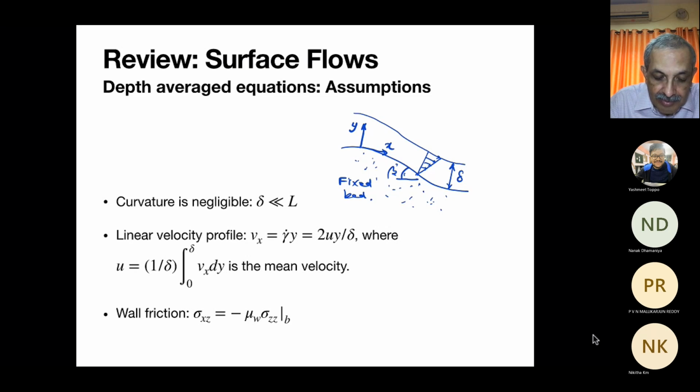So I would like to start with the mass and momentum balance equations, average them like this, and then understand the physics of this type of flow. Once we have those equations, we can look at many specific examples and get a solution for those.